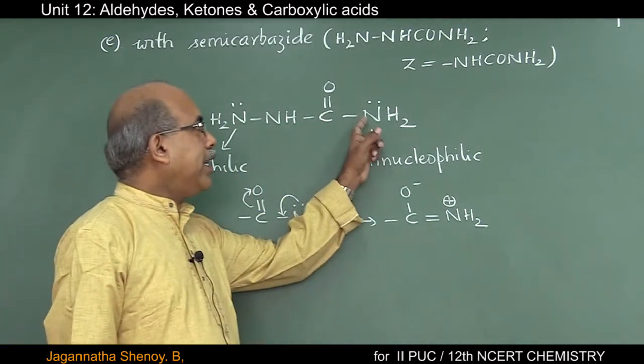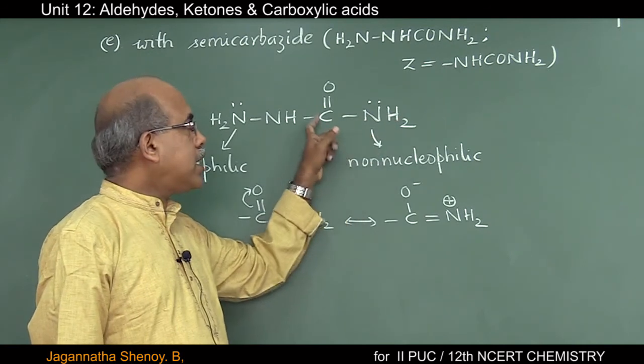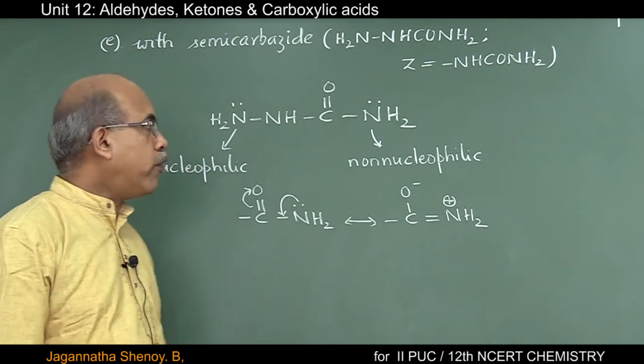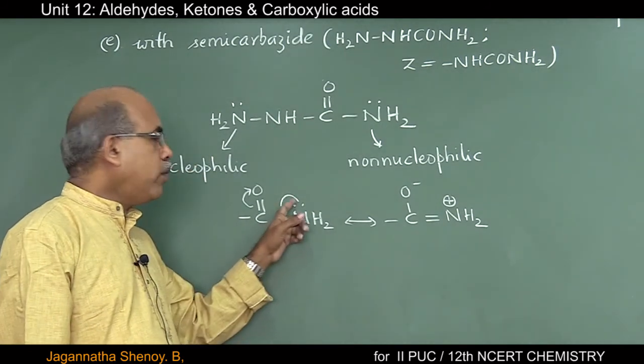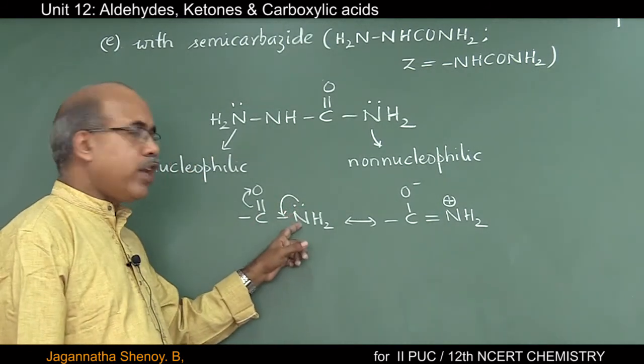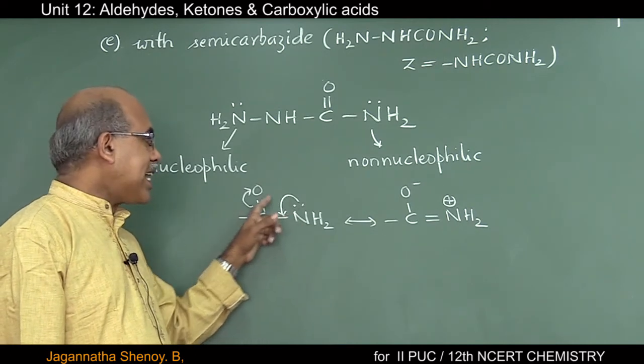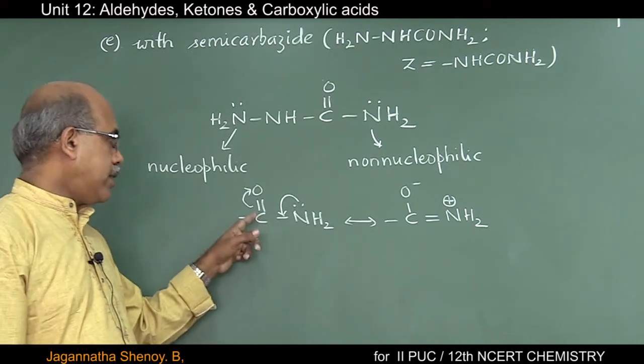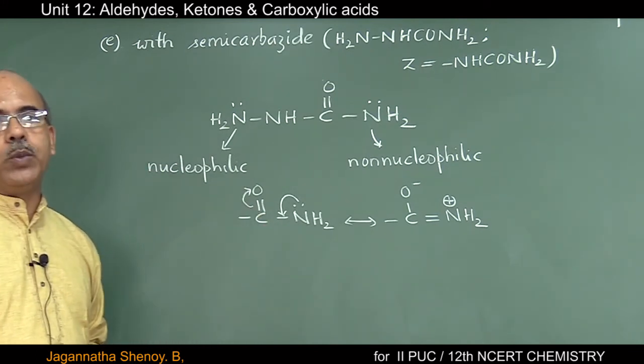So the NH2, which is adjacent to C double bond O, cannot act as a nucleophile, as the lone pair of electrons present on nitrogen atom gets involved in conjugation or resonance with carbonyl group.